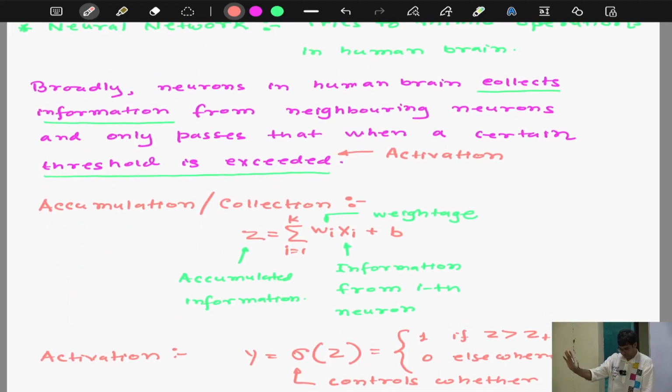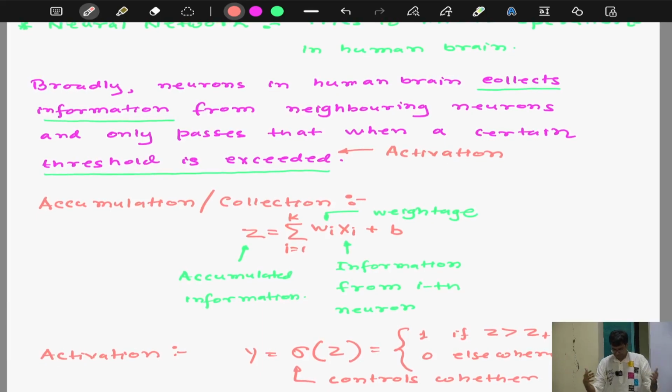So the idea, let me repeat. Broadly, neurons in the human brain collect information, and that is the accumulation operation. Then for the accumulated information, you check whether a threshold is exceeded or not. If it is exceeded, it fires, gives 1. If not, it does not fire, that is 0.